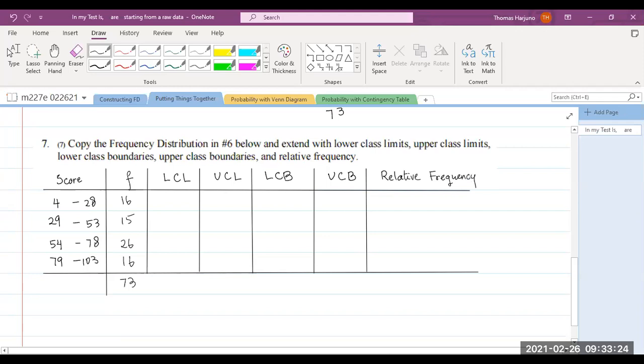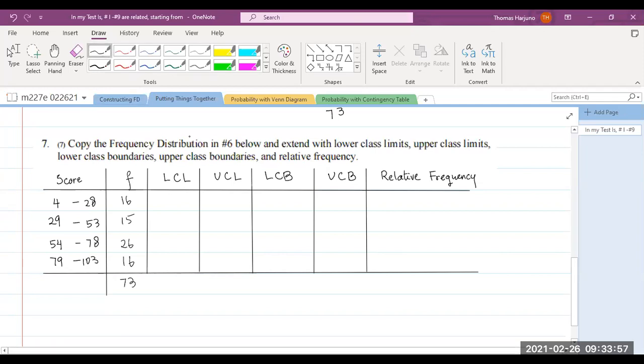Now we did this lower class limit, upper class limit, lower class boundary, upper class boundary last week toward the end of the class, I think the last half an hour of that class. I hope you remember that, but let me do this one to remind you in case you forget the terminologies.